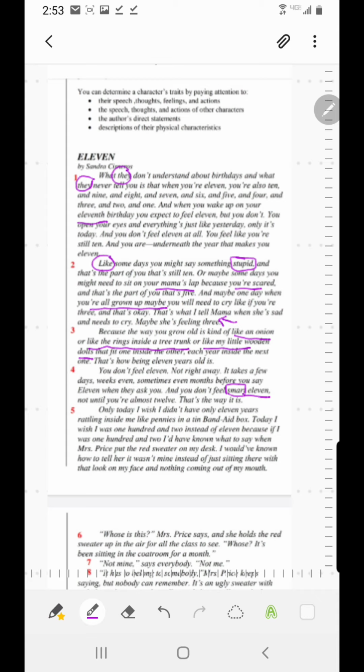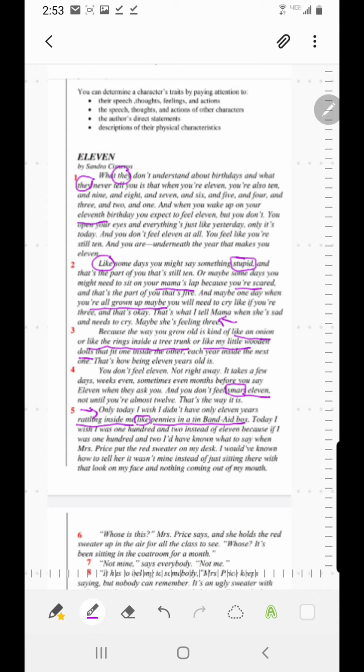We're talking about years rattling inside of her like pennies in a Band-Aid box. I don't know how many of you actually have Band-Aid boxes in your homes. I remember growing up with a tin Band-Aid box, and Band-Aids are something that we use throughout our whole life, but oftentimes we use them more when we're younger, right?